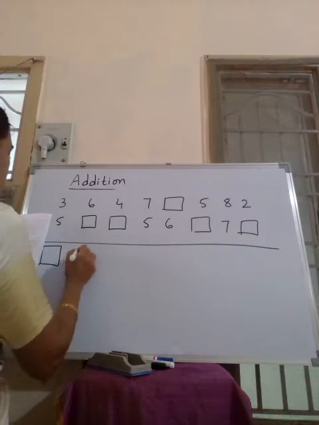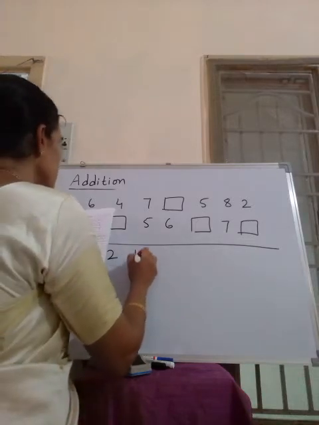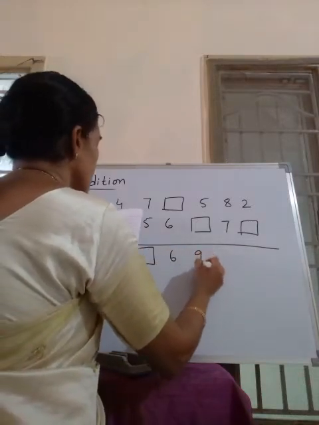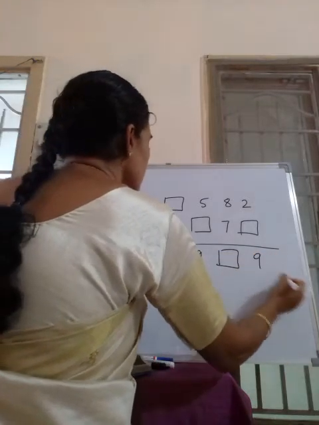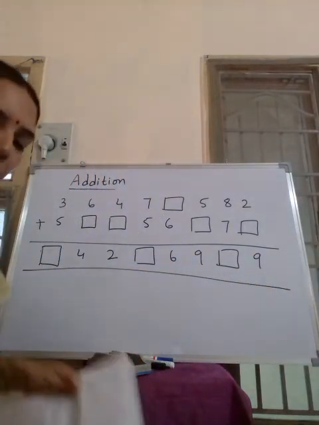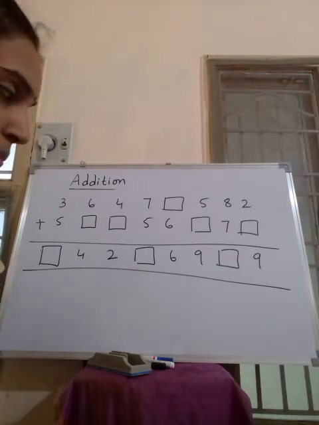In the total also there are missing digits: 6, 9, box, 9. Then how do we find the missing digits? Now we'll see.